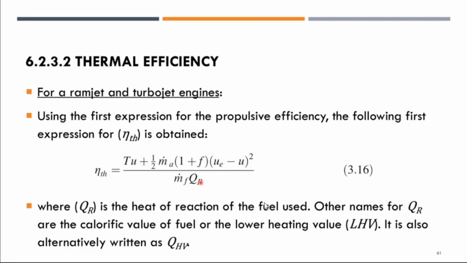Other names for QR are normally the lower heating value, LHV, or QHV. In our case, we are using the heating value, which is normally used in any problems in the propulsion course.